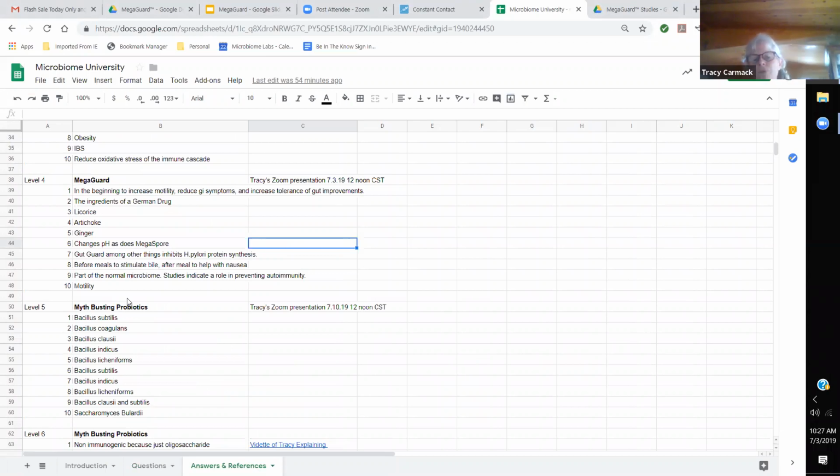Now, this Microbiome University is meant to be a working page. If you find evidence to the contrary on any of this, if you find documents, white papers, links that support any of this, you are welcome to add it, because my goal is to have the most educated, highest level competence in practitioners in the country.